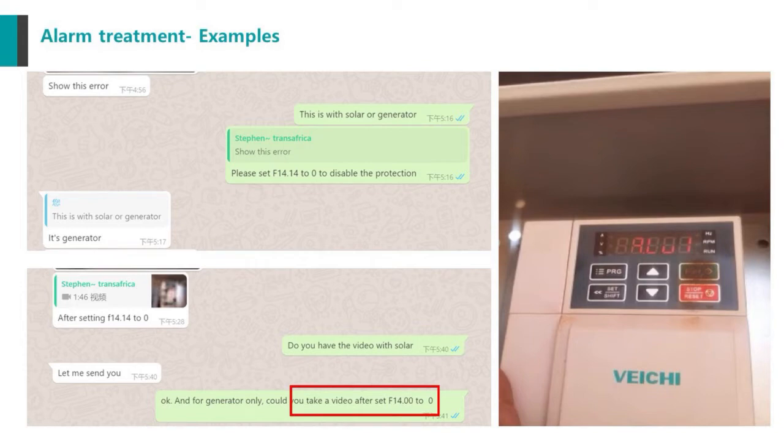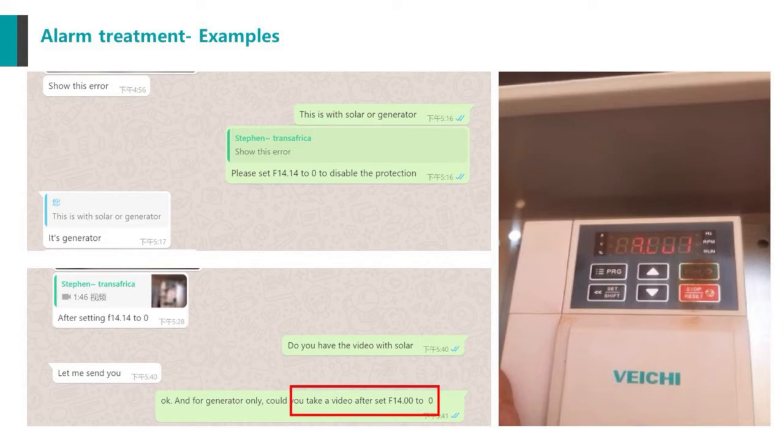If the solar power is enough and we set F14.00 to VFD mode, then the inverter shall run to 50 Hz. But if the supply voltage or input power is not enough, under VFD mode, the inverter will run to a certain frequency and then display a fault, and the fault will be A.LU1.